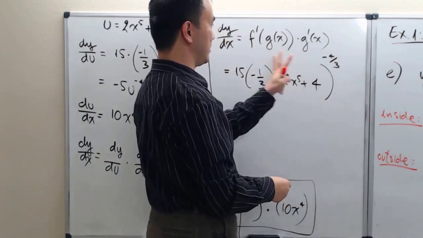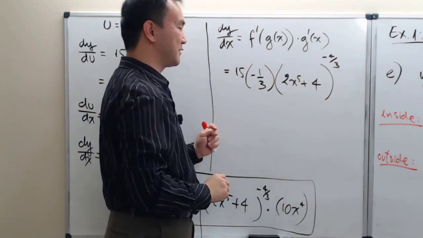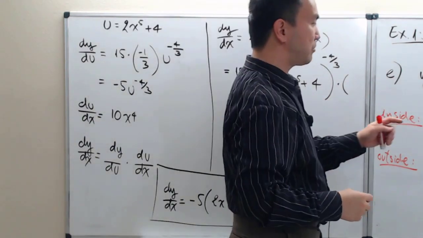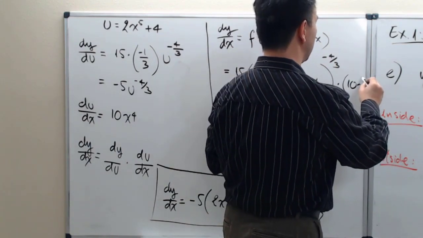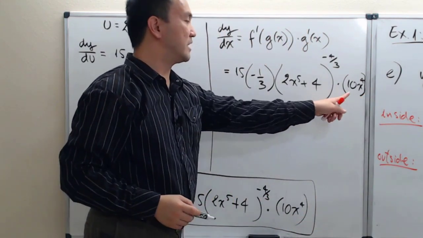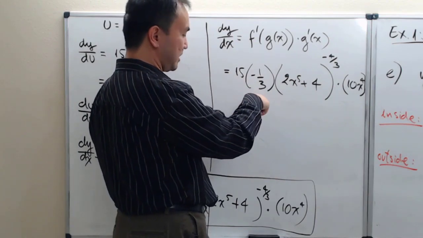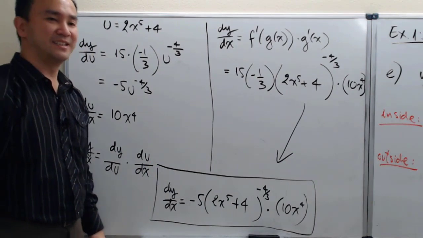This is my f prime at g of x, and then I multiply with my g prime, which is simply 10x to the 4th power. After seeing all the little elements together, the last thing is to cancel out the 15 with that 1/3, and we come down to the final answer, which agrees with the other one.